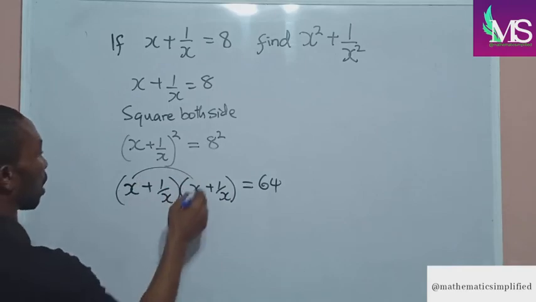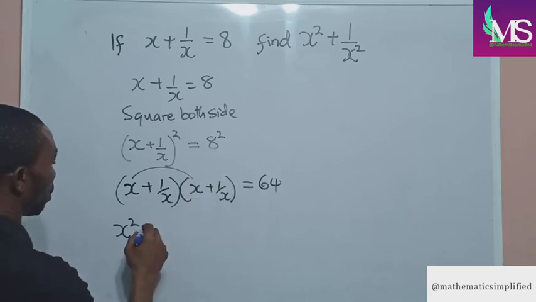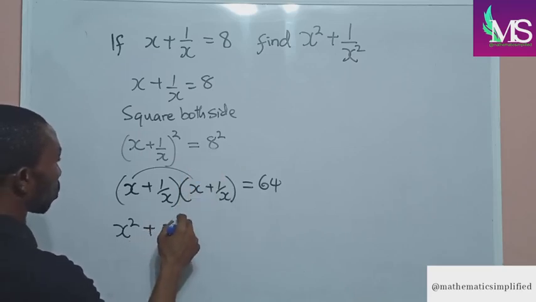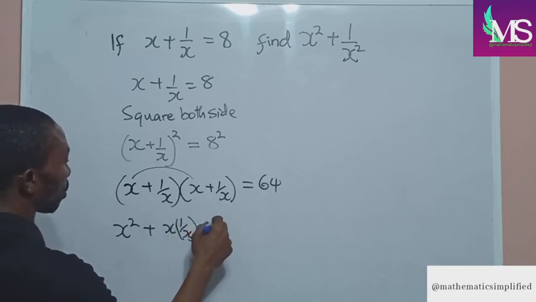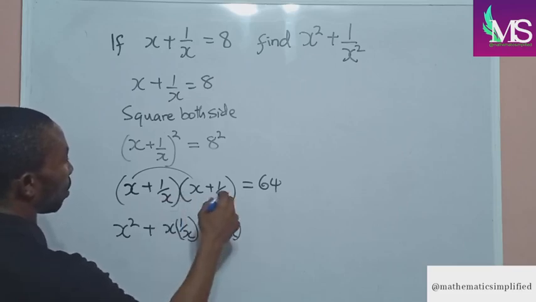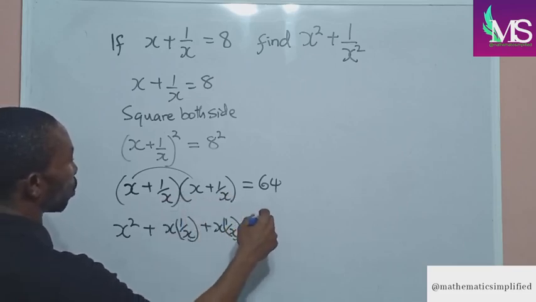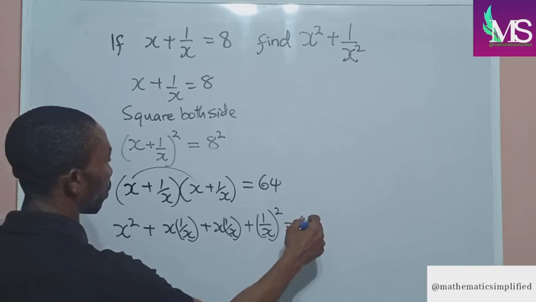So now x times x will give us x squared. x times 1 over x, plus x times 1 over x, plus 1 over x squared equals 64.